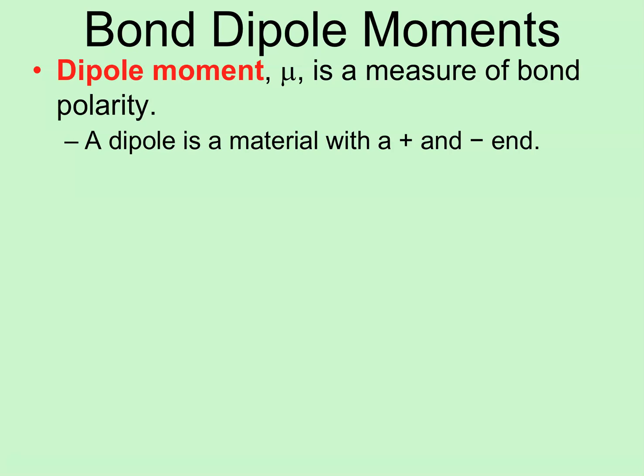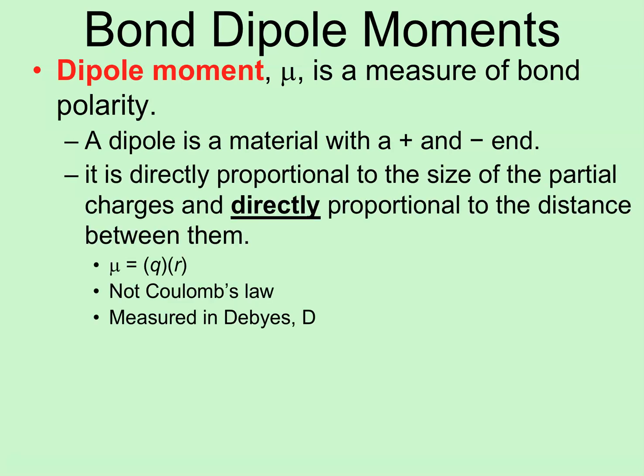A dipole is an arrow that you would draw on a dot structure. It has a positive end and a negative end. The positive end is literally making a plus sign within your arrow on the opposite end of the pointed part of the arrow, and the negative end is the pointed part of the arrow.